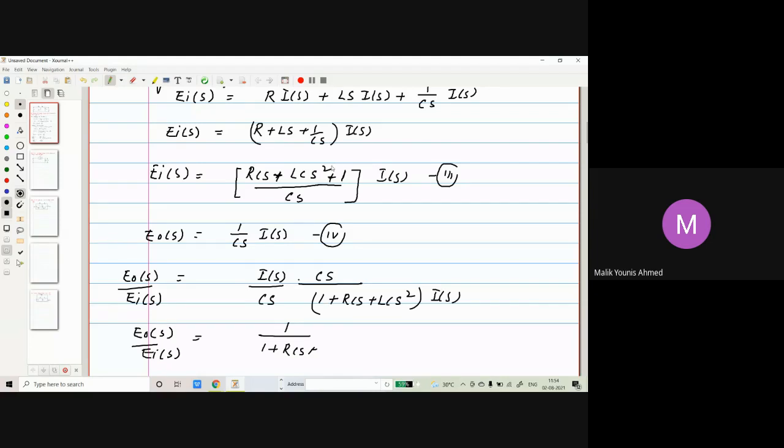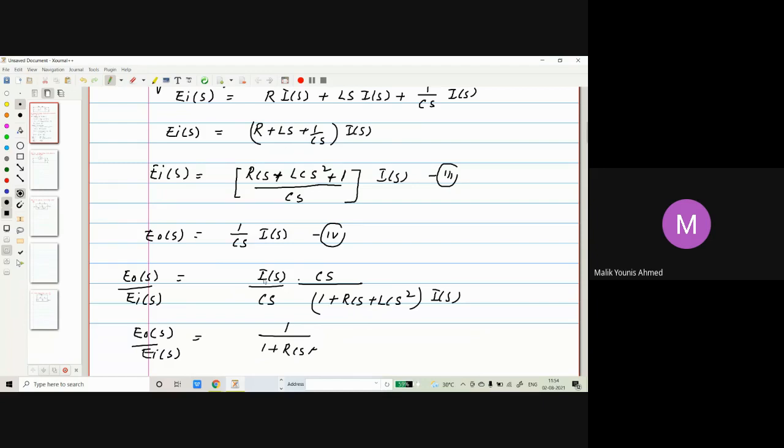I think we have done something wrong here. This will be 1, this will be RCs. Why is this coming? Okay, just a second. R plus Ls plus 1 by Cs, fine. This is 1 by Cs.